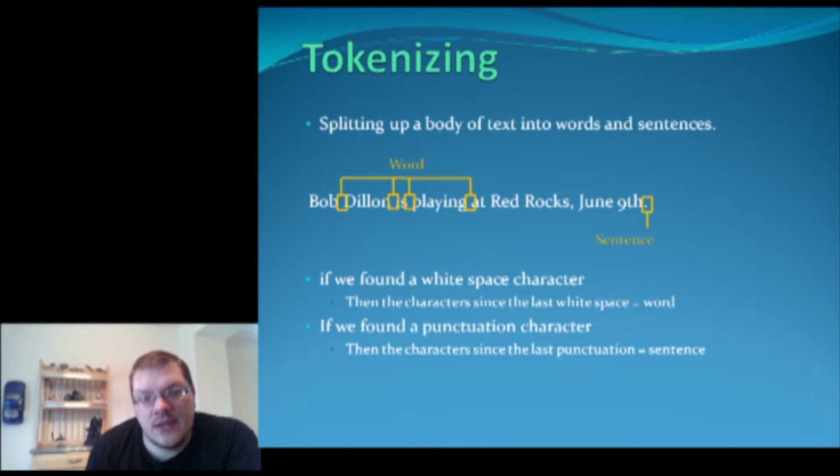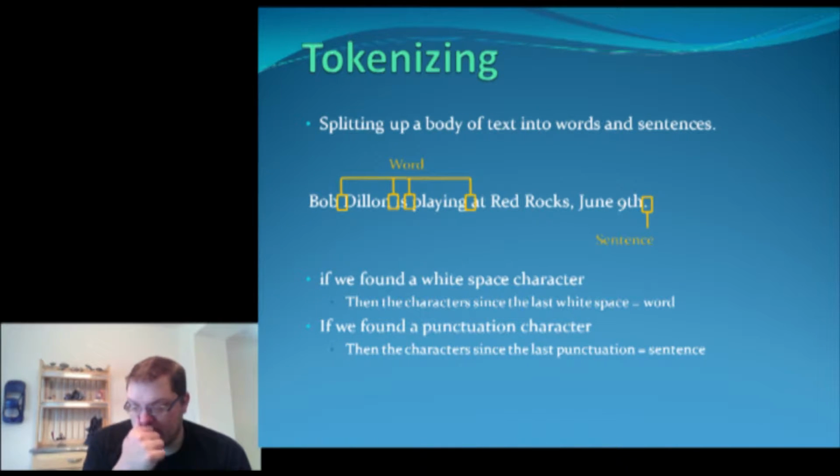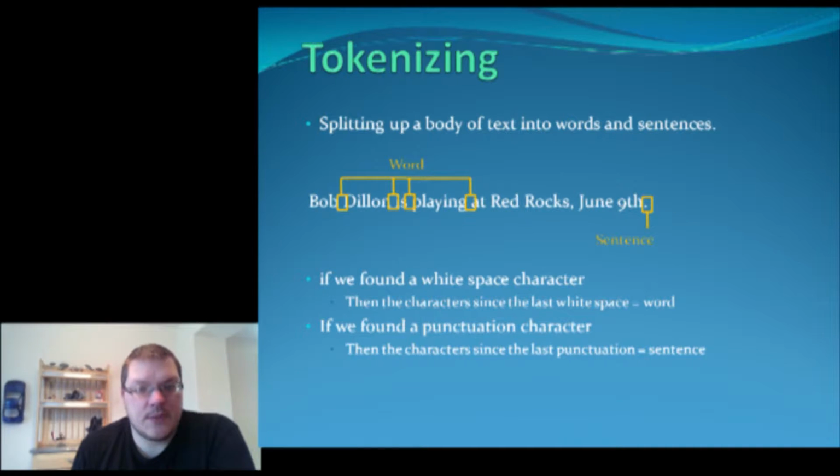And these if-then statements that we have below, those are rules, if-then rules. If this, we'll do that. In this simple scenario, if we see a white space, what we saw previously is a word.